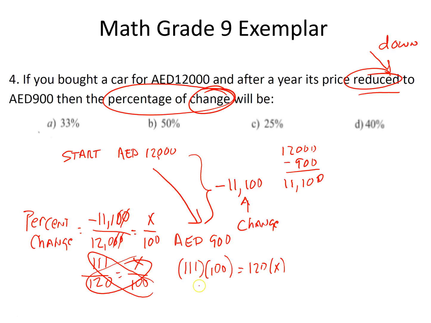That gives me 11,100 is 120x. Divide both sides by 120. And my answer will be 92.5% decrease.